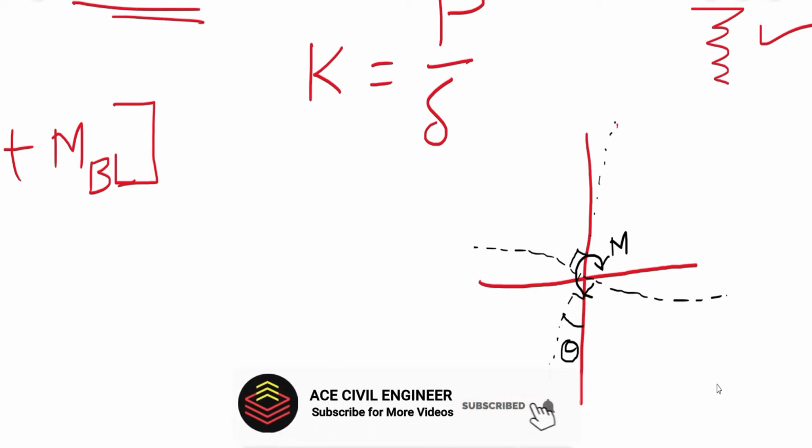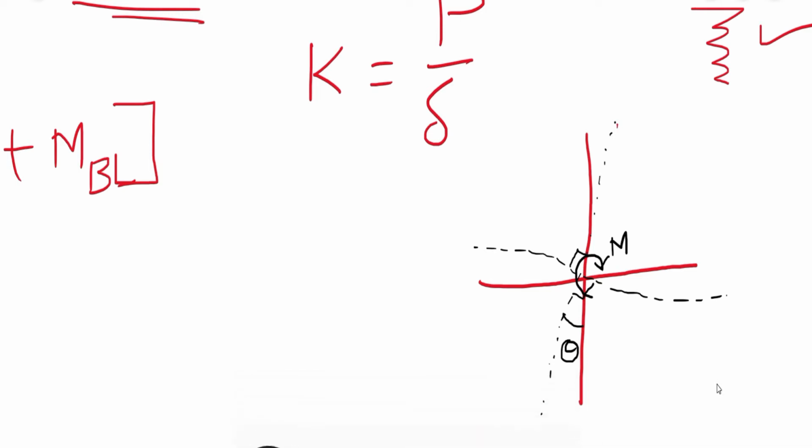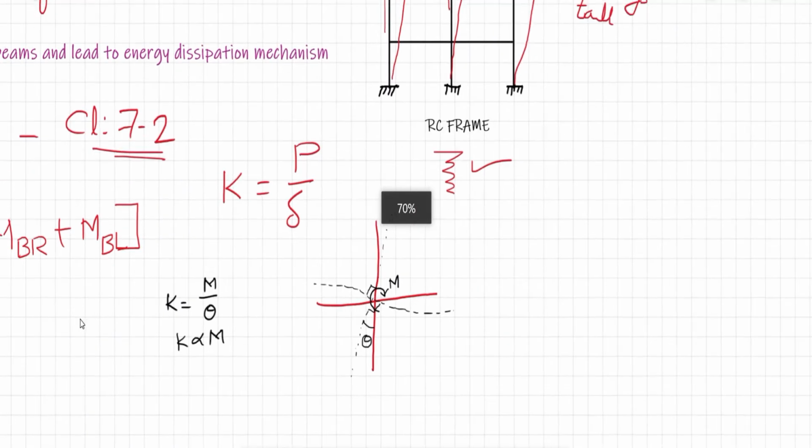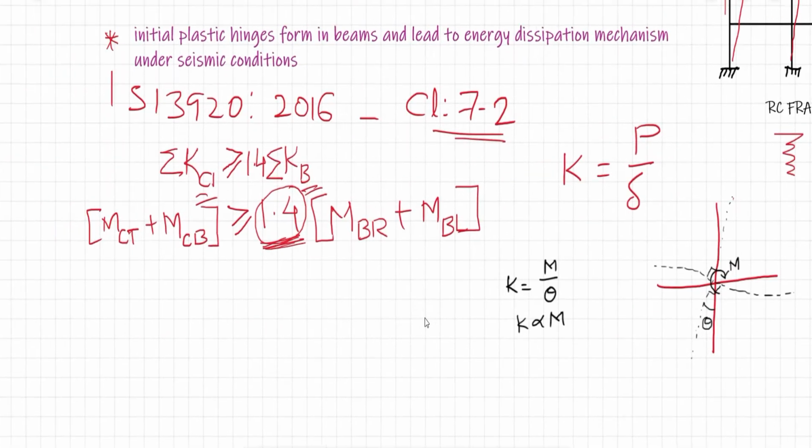So at this rigid joint, the stiffness of this joint can be written as K equals M by theta, where M is the moment for which this theta deformation has occurred. Now from this I can directly say that K is directly proportional to M. Yes or no?